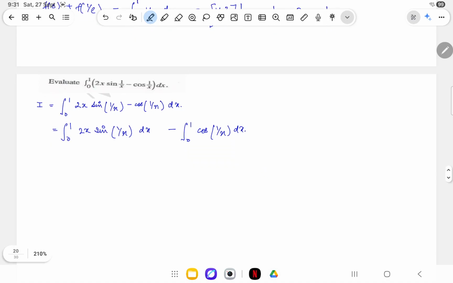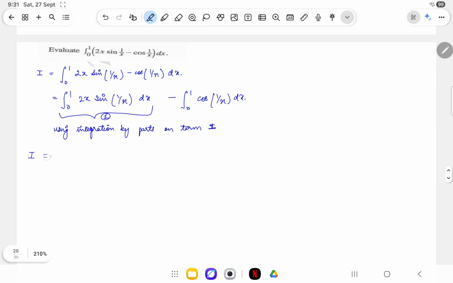Now if I just apply integration by parts on term 1, I'll get my I as equal to, let's name this as the first function and this as the second function.